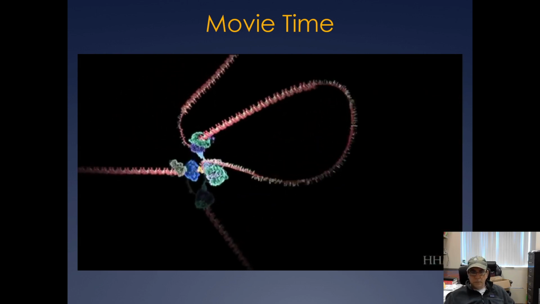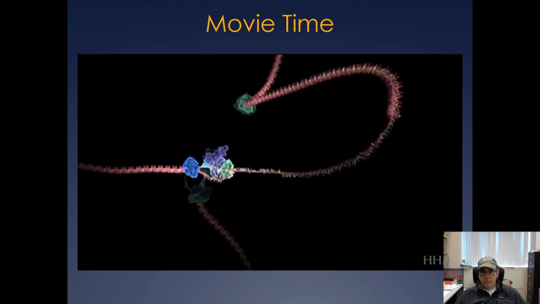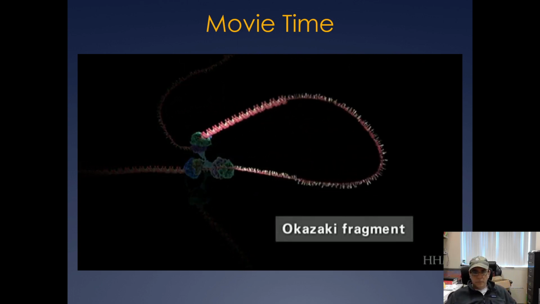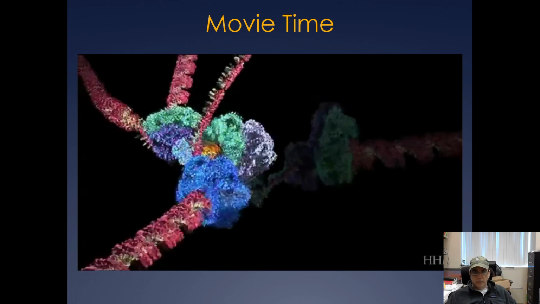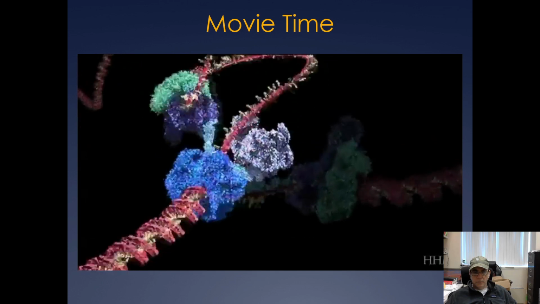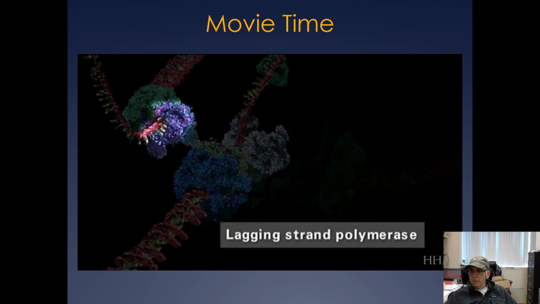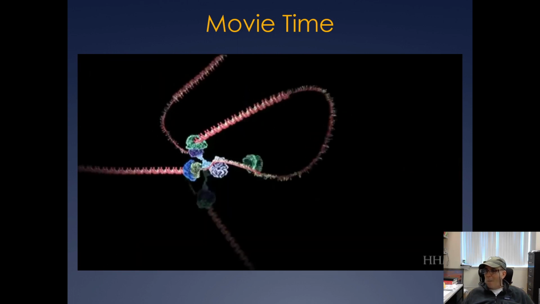As it emerges from the helicase, the lagging strand is organized into sections called Okazaki fragments. These are then presented to a second DNA polymerase enzyme in the preferred 5' to 3' orientation. These sections are then effectively synthesized backwards.